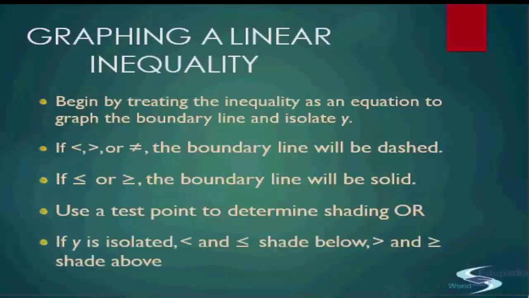Once we understand how the shading process works, we will know that anything less than will be shaded below y and more than will be shaded above y. And as far as less than or equal to, more than or equal to, the only difference is that the line of the inequality is going to be either dashed or solid. That is the only difference.